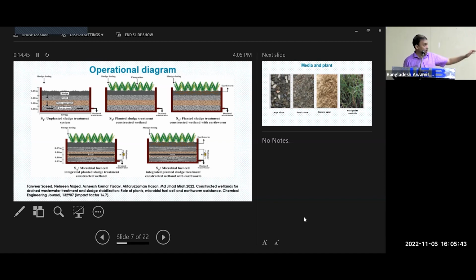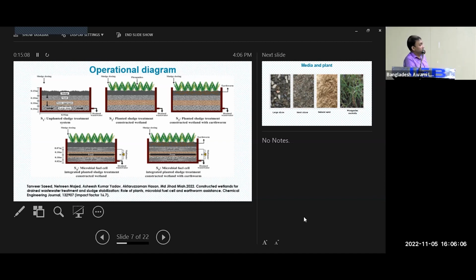Okay, the other systems were also good, but the microbial fuel cell with earthworm performed better. And also the anode material, ammonium oxidation occurred around the anode plate. So it also improved ammonium removal of this system.